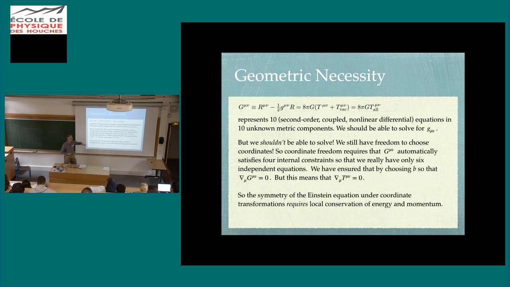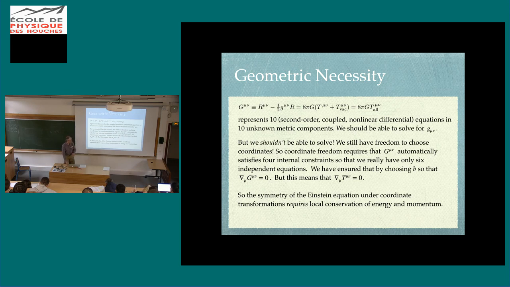Because it expresses local conservation of energy and momentum, and it's just conservation of energy and momentum as associated with matter. Okay? And it's not a global conservation law. It simply says that when you go to a locally inertial frame and you're just looking at matter and energy, everything's conserved.